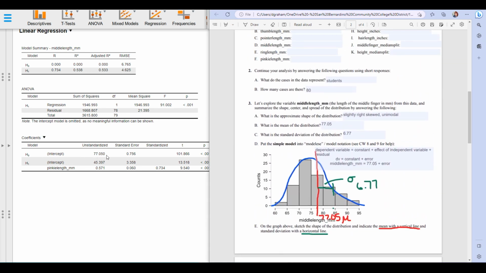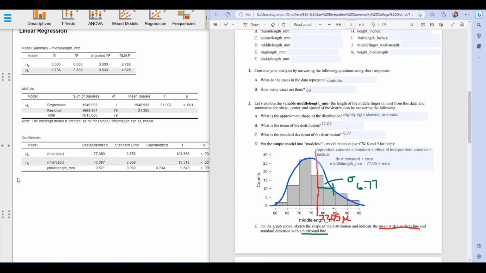If we look at the constant, the constant is what we see right here next to intercept. The constant when we don't have an independent variable in our model, H0, that's our constant, 77.05. That's our best guess. It's going to be off by a bit, and so we know that there's always going to be error. But this would be our best guess if we don't have the independent variable represented in our model.